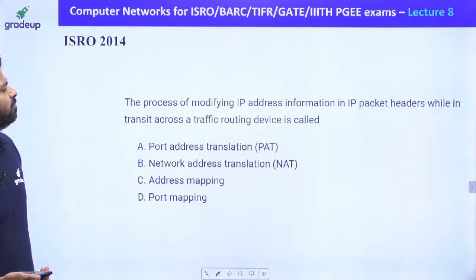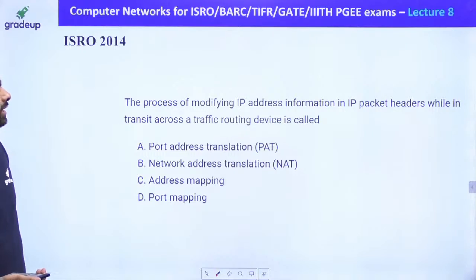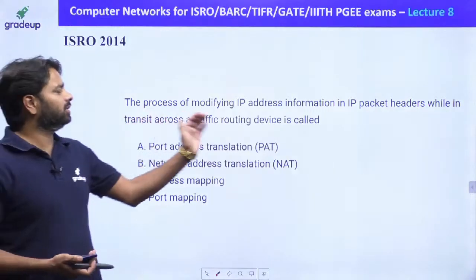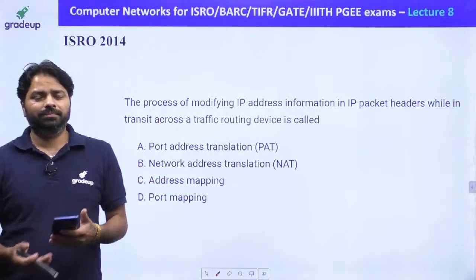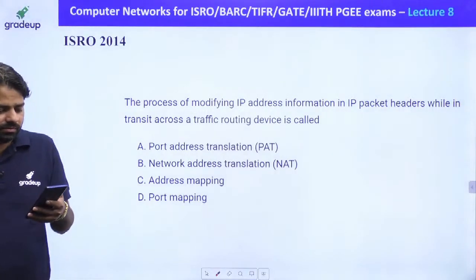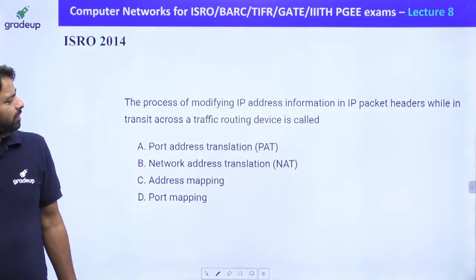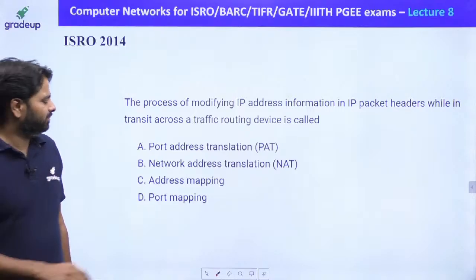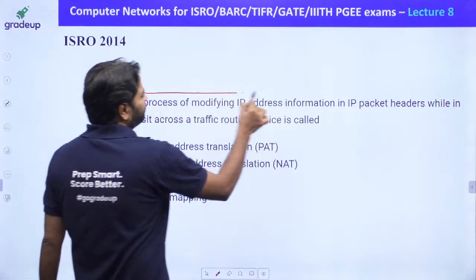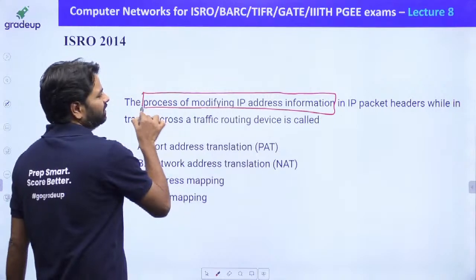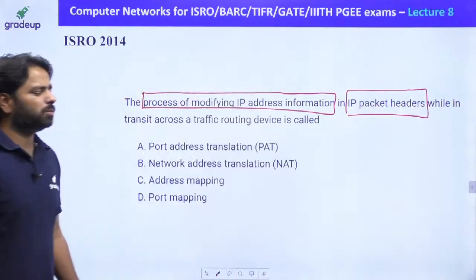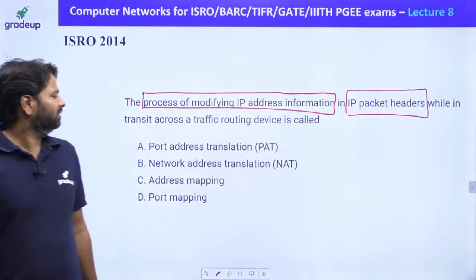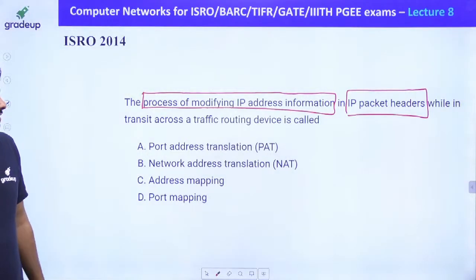Find out the process of modifying IP address information in IP packet headers while in transit across a traffic routing device is called as. What is that process called as? Is it port address translation?